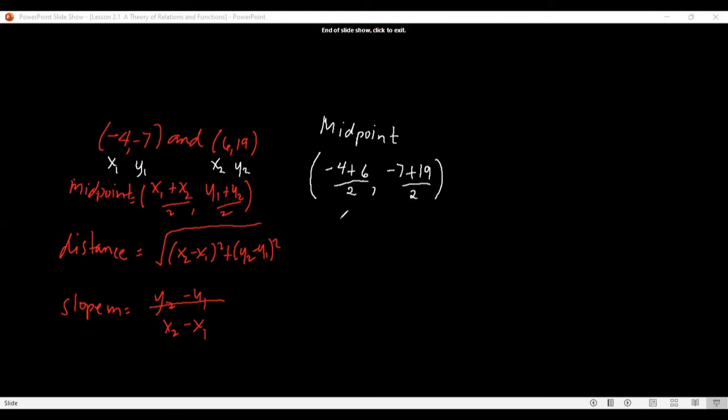Para sa x coordinate, negative 4 plus 6, that is positive 2 over 2. At doon naman sa y, negative 7 plus 19, that is 12 over 2. Therefore, ang ating magiging midpoint ay 2 divided by 2, that is 1. And 12 divided by 2, that is 6. Okay, so, ang midpoint natin ay (1, 6).